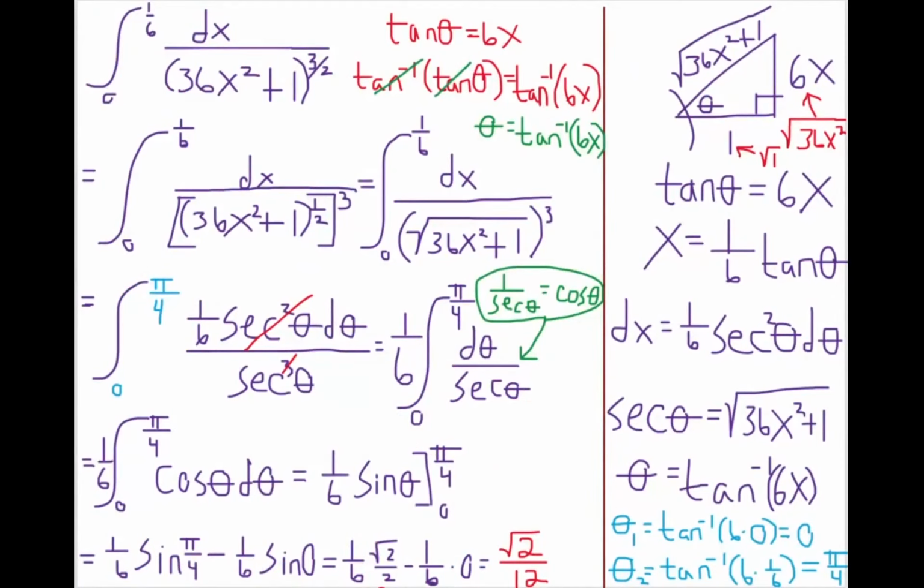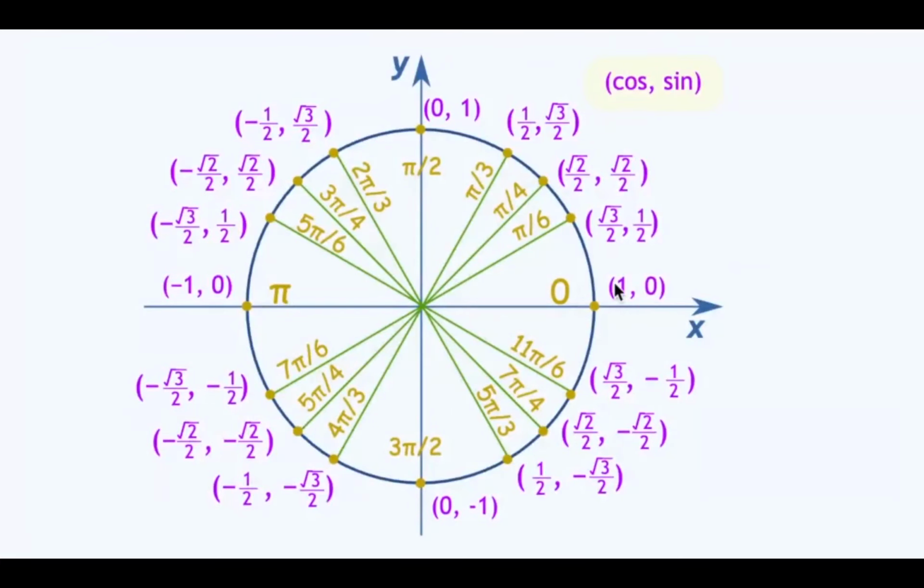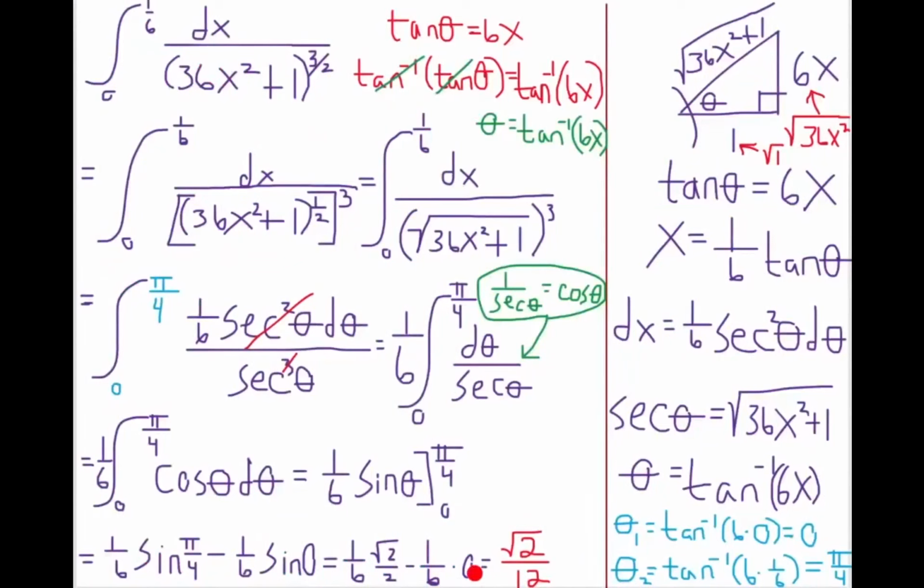And then minus 1/6 sine of 0. When we're at 0 radians, sine of 0 is 0, the y value. So 1/6 times 0 goes away because that's just 0. We're left with root 2 over 6 times 2, which is 12. And we are finished with that one.